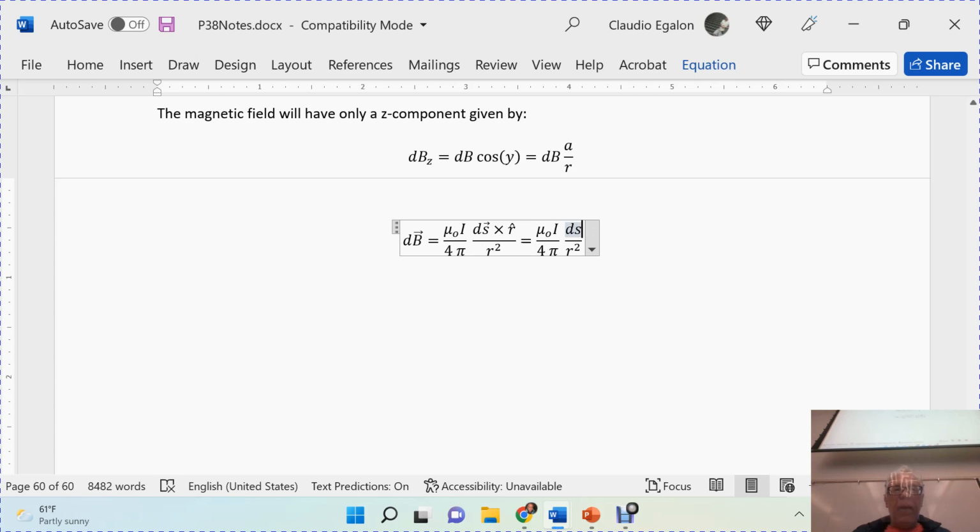So what I'm going to do, I'm not going to put vectorial here. I'm going to put magnitude, and here I put the magnitude as well.